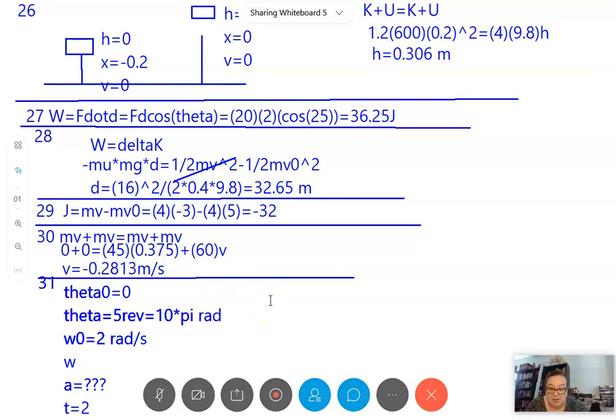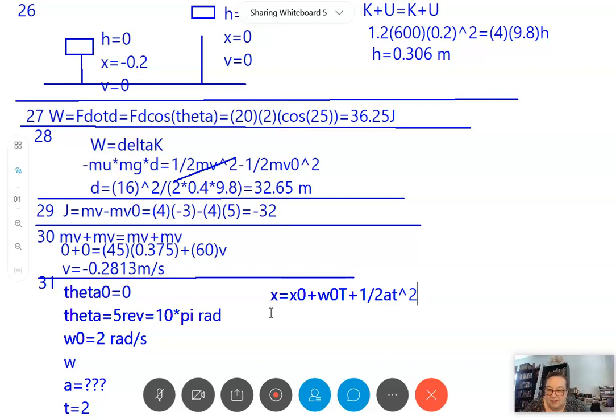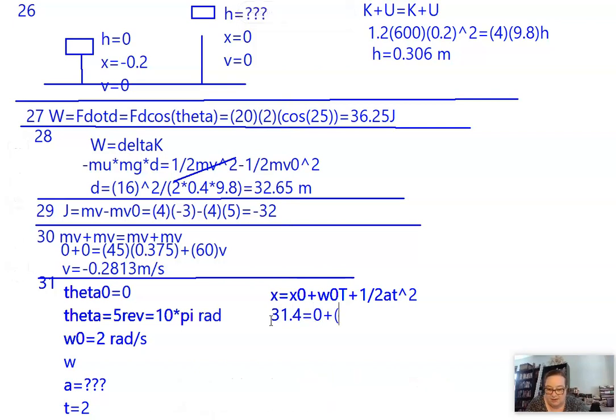So that means I'm going to write it as x's just because I don't want to have to type out theta. So x minus x naught equals v naught t plus 1/2 a t squared. And so if I plug this in, I get 31.4 equals 0 plus 2 times 2 plus 1/2 times a times 2 squared.